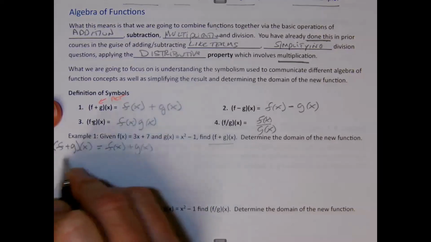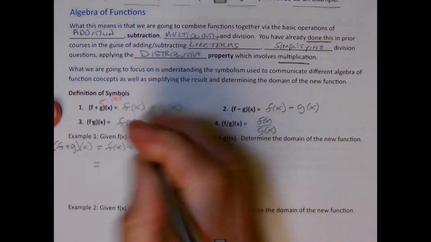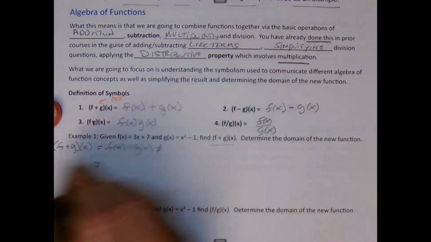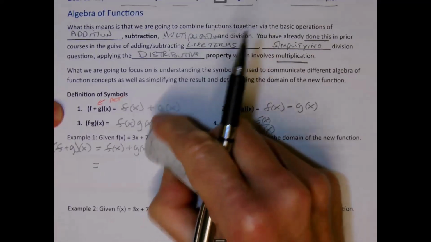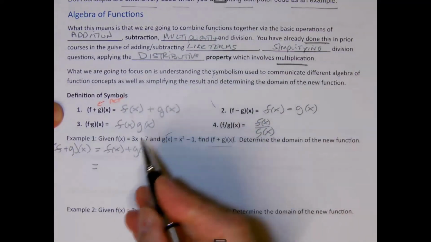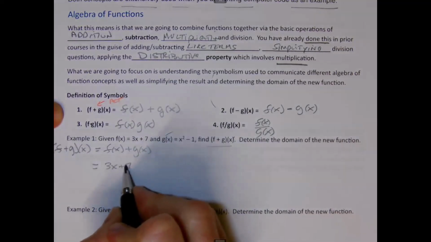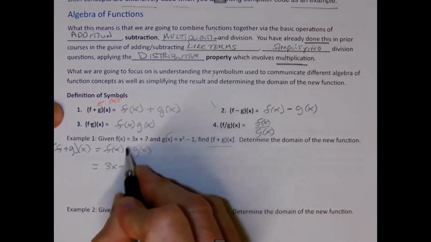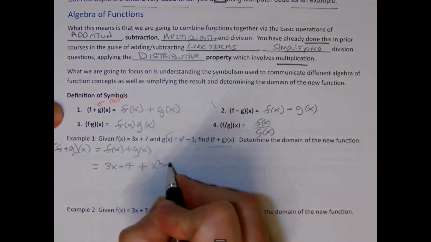Now that you've written that, equal sign and below. Do not do this. Don't go across like this. This is no good. I want you to go downward. Okay, so no going across. Now I'm going to put this function together here: 3x plus 7. And then I'm going to add the next function, which is x squared minus 1.